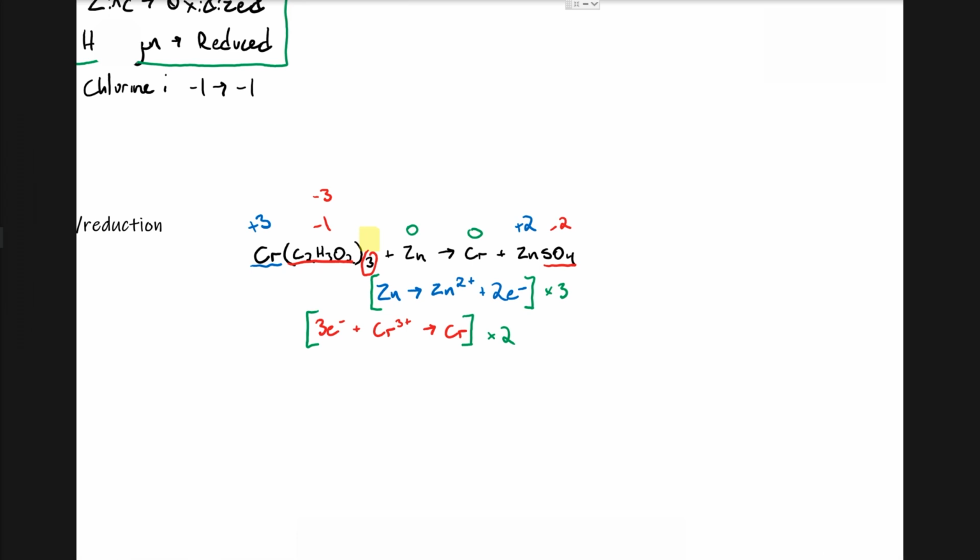What that's going to give us is 3 zinc goes to 3 zinc ions plus 6 electrons. And on the bottom, we're going to get 6 electrons plus 2 chromium ions goes to 2 chromium neutral. And you'll notice now our number of electrons actually matches.